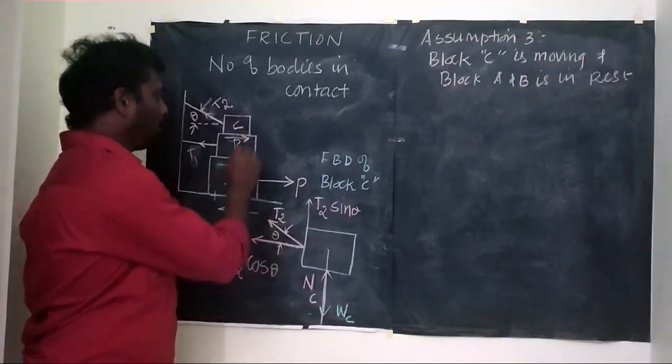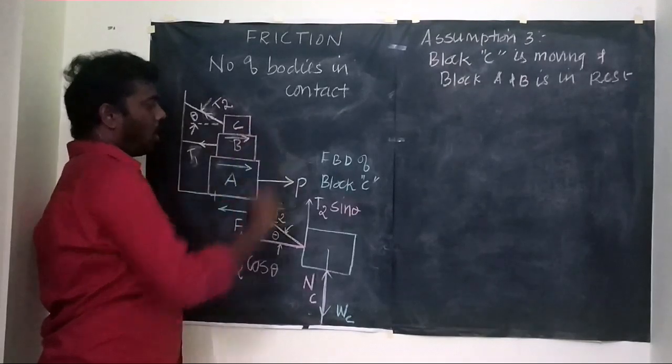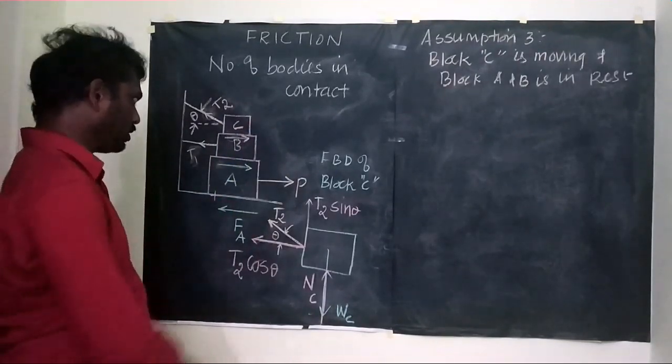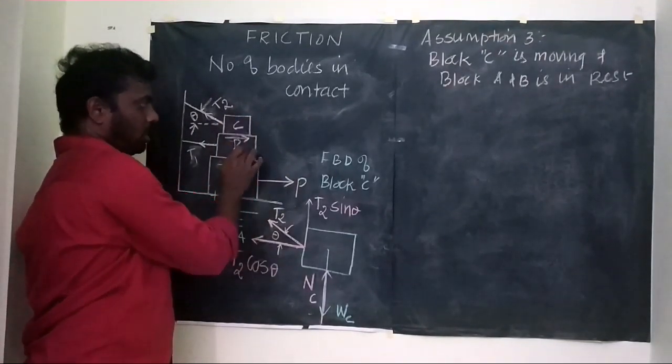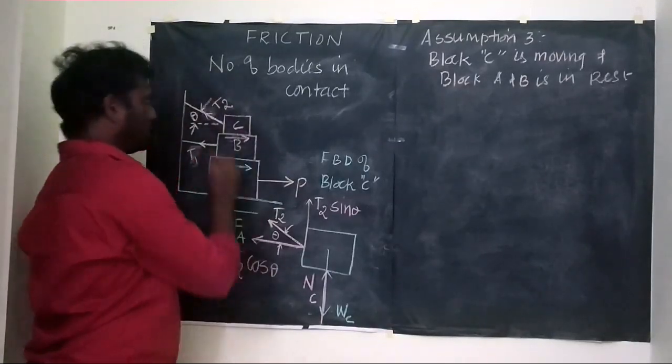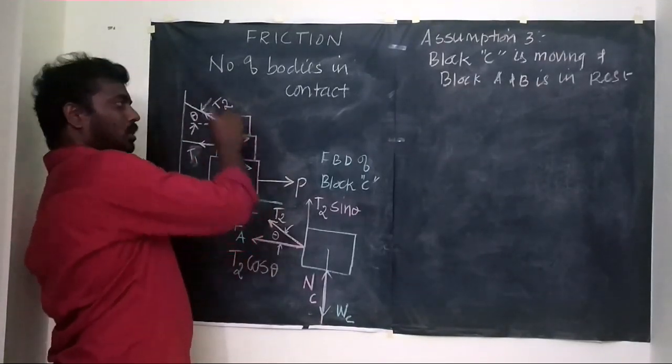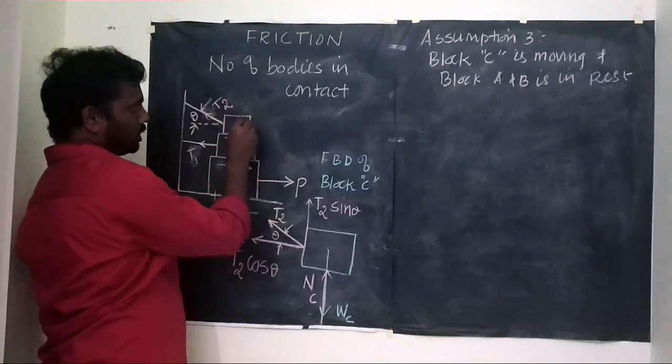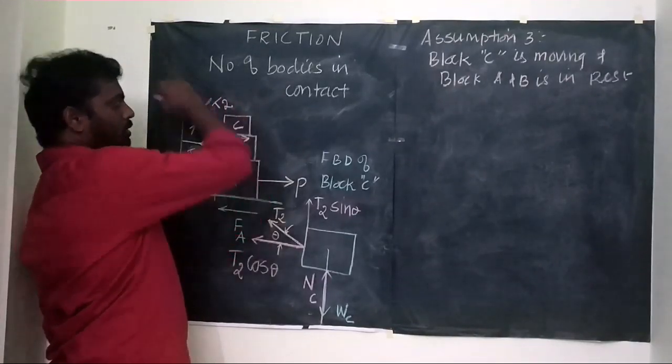Due to application of this tension force, this block starts to move towards left. At that time the limiting friction force acts opposite to the body movement. Here block C is moving, block B is at rest. T2 is acting towards left, so this block starts to move towards left.